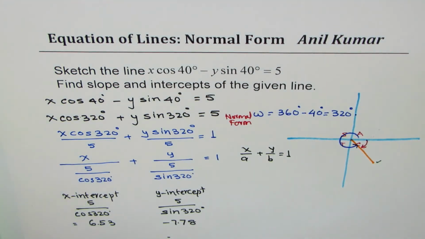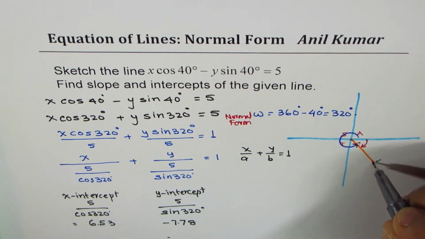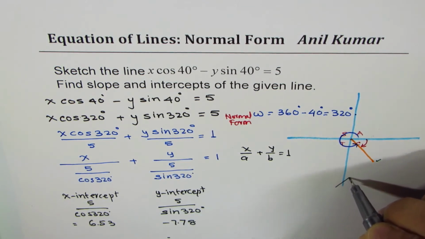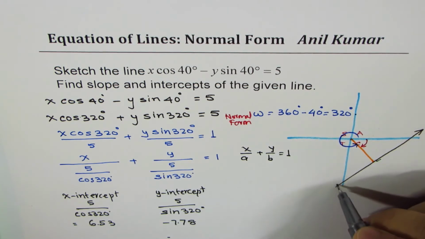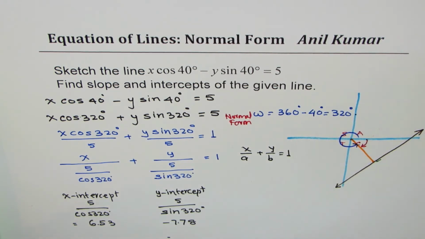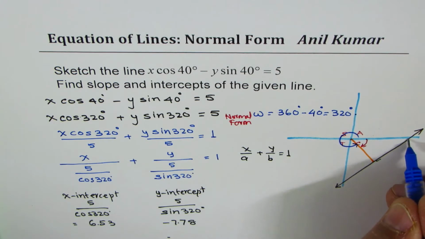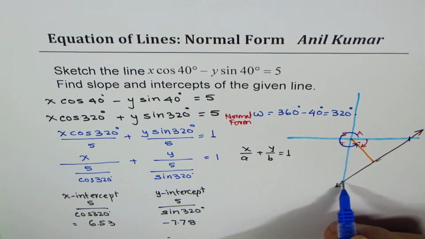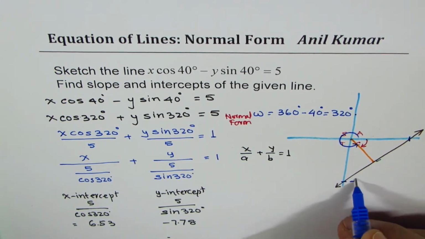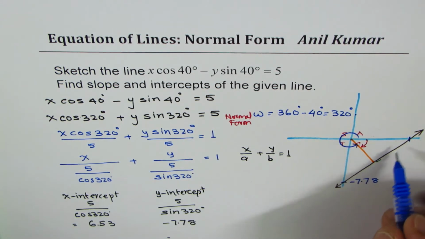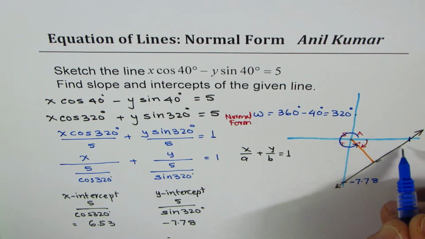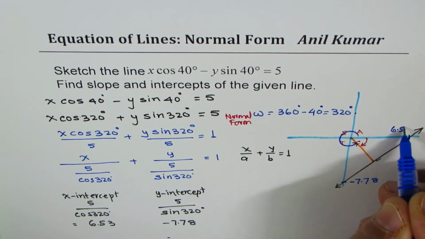Let's sketch the line with these intercepts. That is your x-intercept, and this is the y-intercept, minus 7.78, and the x-intercept is 6.53. Let me write down here 6.53.